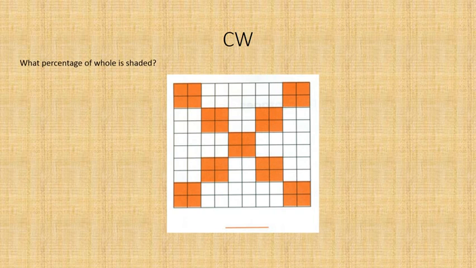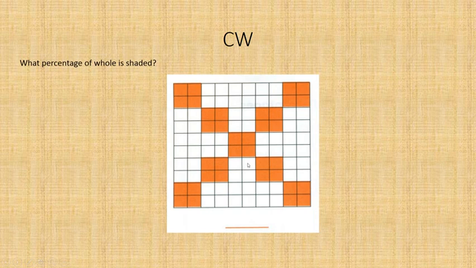Okay, here, as math teachers, we call it a 100 chart. If you count the number of the smallest squares inside, you will find it's 100. Or if you remember when we talked about the area of a square or rectangle, you can count the number of squares on one side, 1, 2, 3, 4, 5, 6, 7, 8, 9, 10, and count the other side, 1, 2, 3, 4, 5, 6, 7, 8, 9, 10, and then multiply them together, so it's going to be 100.